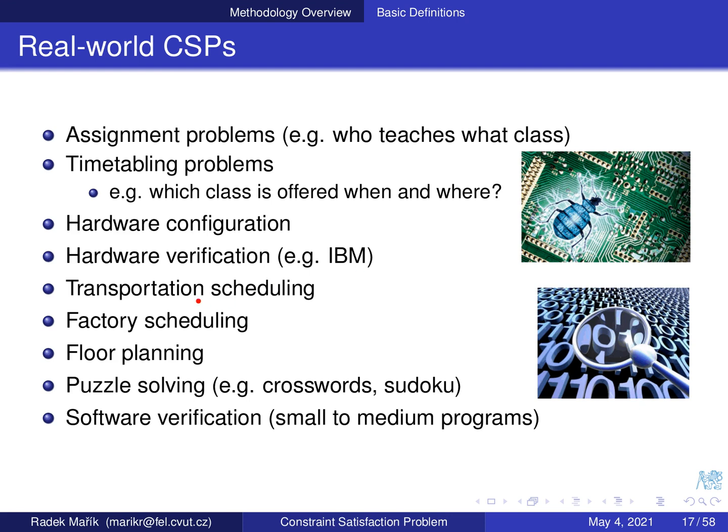You can schedule transportation. You can schedule factories, floor workshop planning. And of course, it can be used for a number of puzzles, like crosswords, Sudoku, and so on. If the software is not really large, so that means small to medium programs, then it can also be used for software verification.